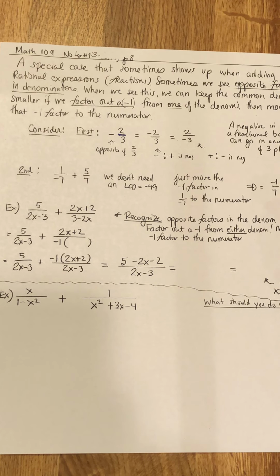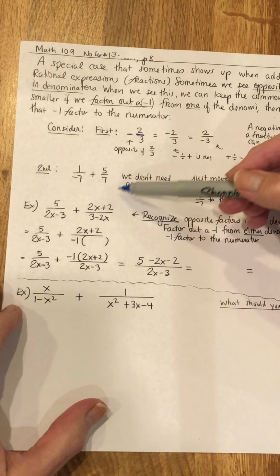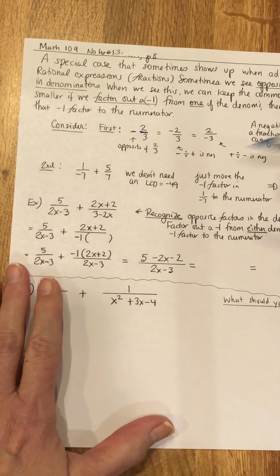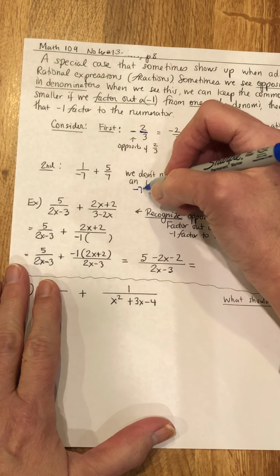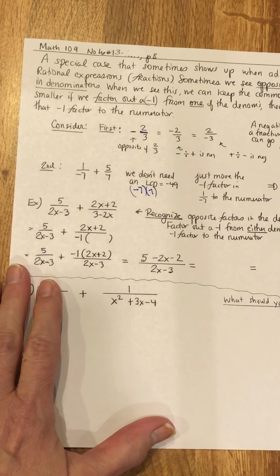So, essentially, what we want to look at is a problem that's equivalent to this. 1/-7 plus 5/7. We don't need to build the common denominator as -7 times 7 because those are different factors, and make the common denominator -49. We don't need to do that.